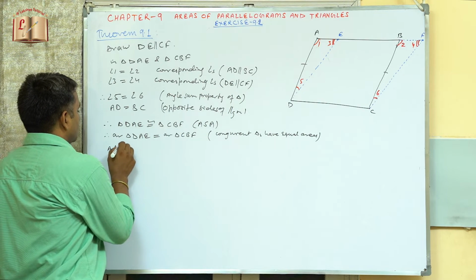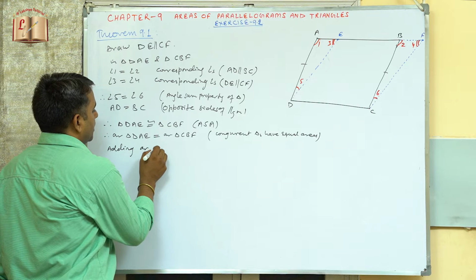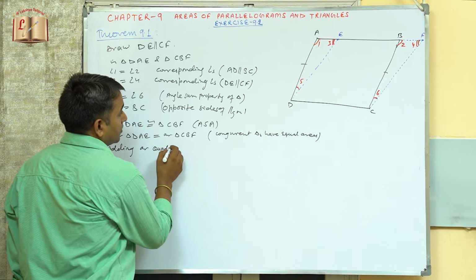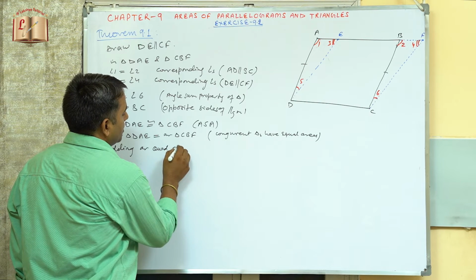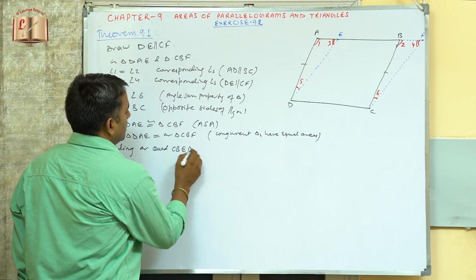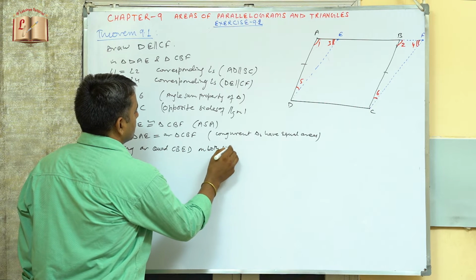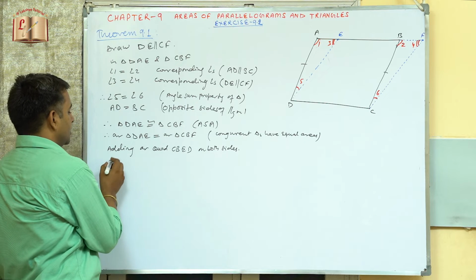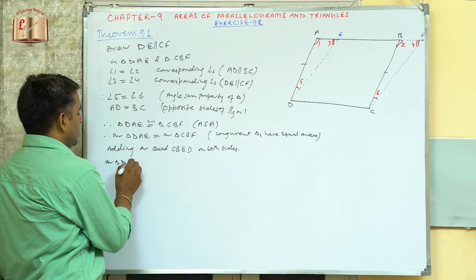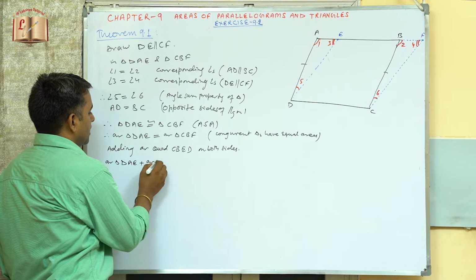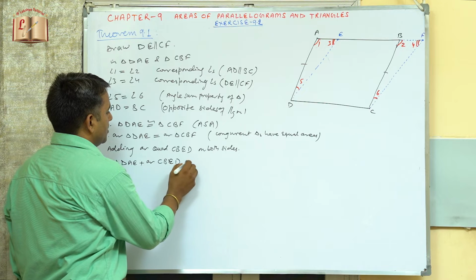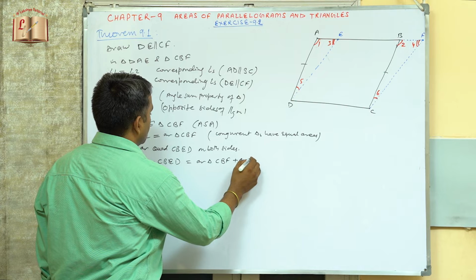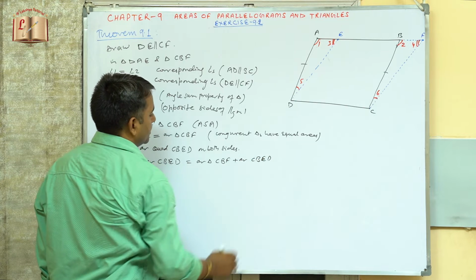So adding area of quadrilateral CBED on both sides, the area of this quadrilateral will be added to this equation. So area of triangle DAE plus area of CBED will be equal to area of triangle CBF plus area of CBED.